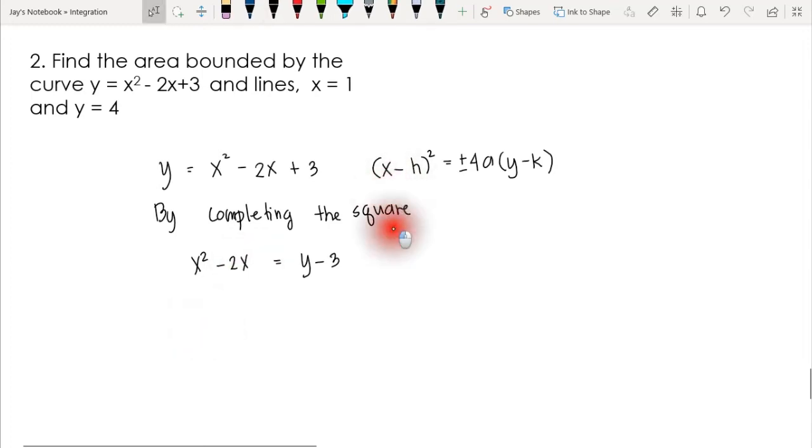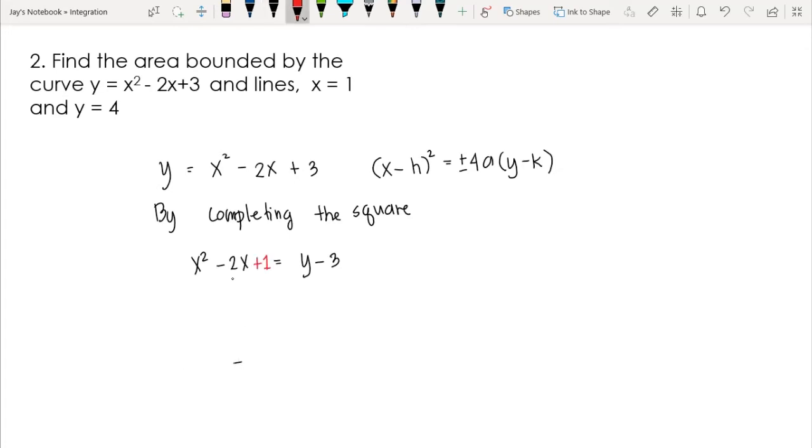In this case, we know that it's negative 2, so we divide 2 by 2. The result would be negative 1. Then square negative 1, which gives us 1. So therefore, you add here 1.